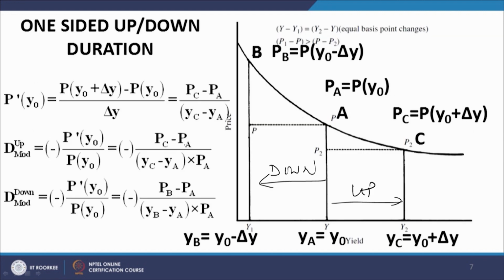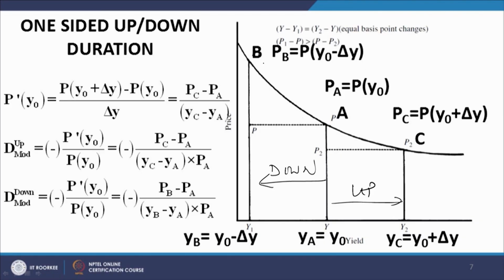When there is a decline in the value of YTM by delta y, we move from the point A to the point B, and the change in price is given by this expression, that is P b minus P a. If there is an increase in YTM by delta y, that is by the same amount, the change in price is given by P c minus P a, and clearly the magnitude of P b minus P a is greater than P c minus P a.